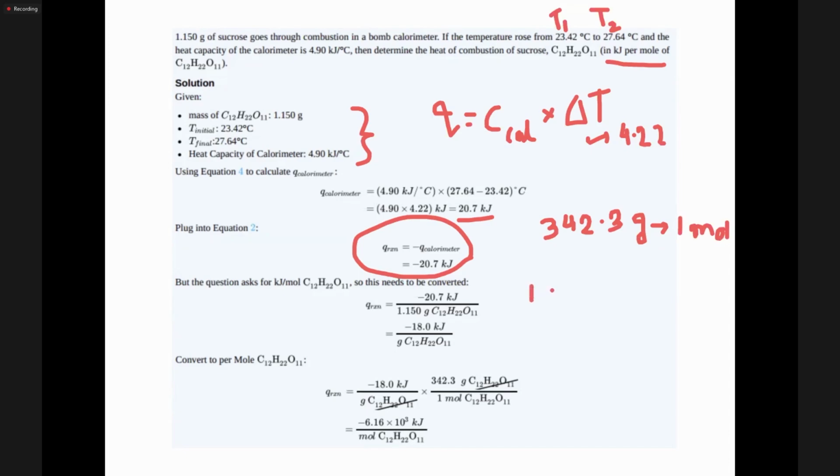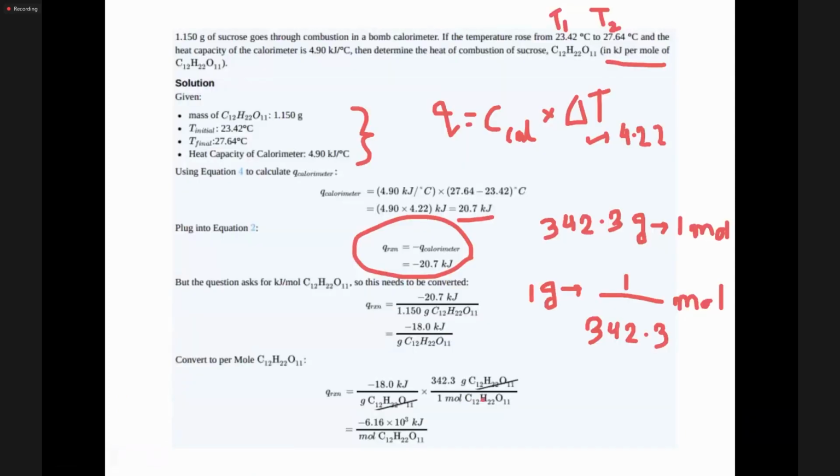So 1 gram corresponds to 1 divided by 342.3 moles of sucrose. This 342.3 goes to the numerator, and we have minus 18.0 into 342.3. So the multiplication gives minus 6.16 into 10 to the power 3 kilojoule per mole.